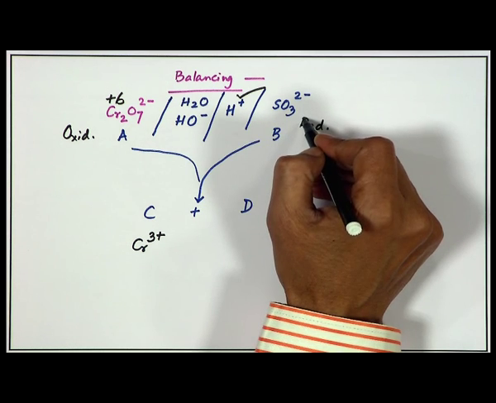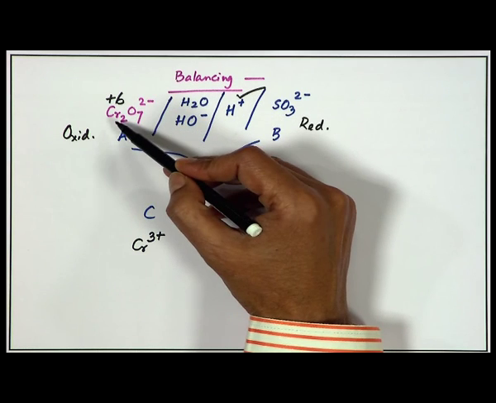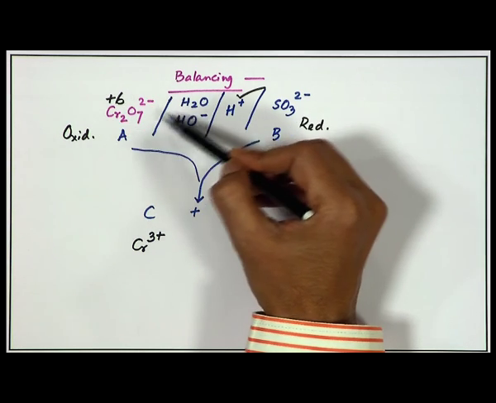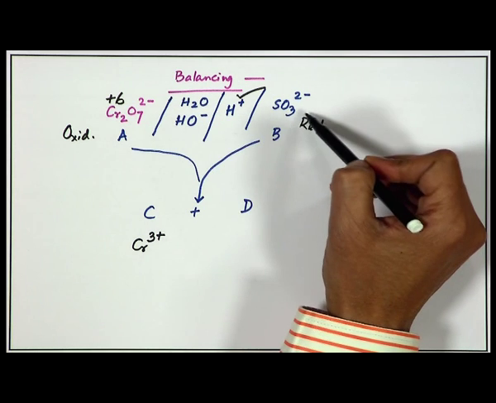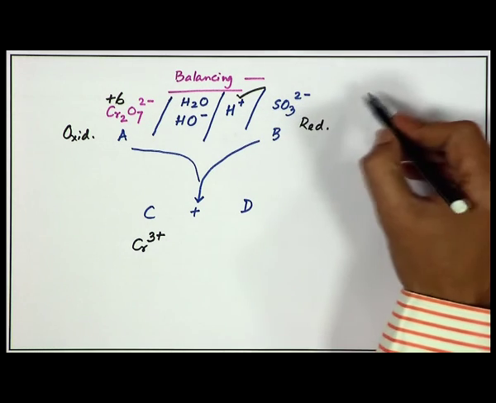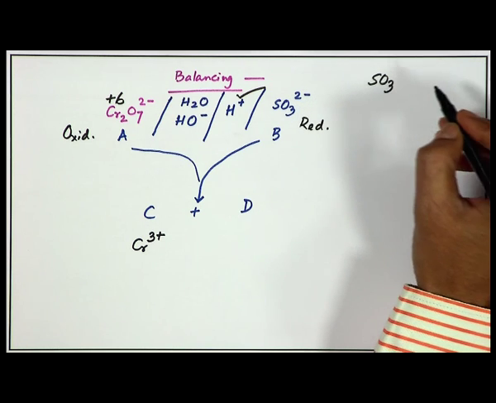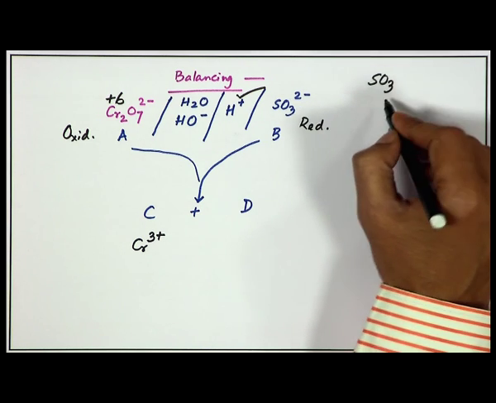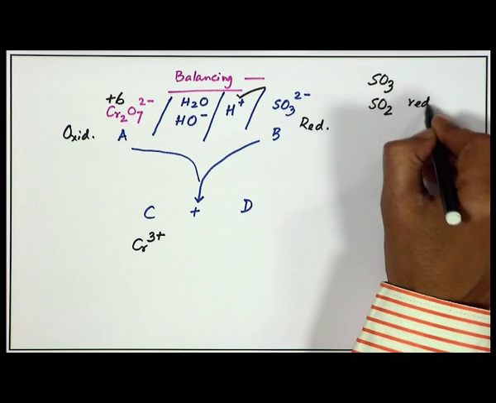What about this reductant, the reducing agent which is responsible for the reduction of this dichromate species? Any other chromium species based on the +6 oxidation state will be reduced by this reagent, which is nothing but the corresponding species. Sulfur trioxide is an oxidizing oxide, but sulfur dioxide is the reducing gas.